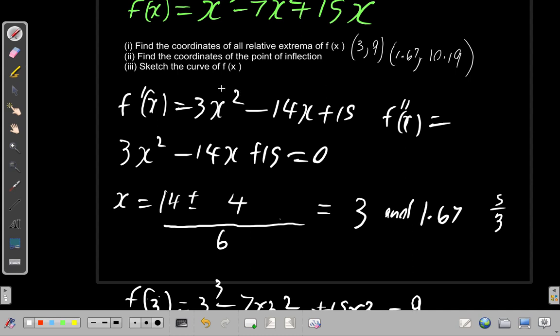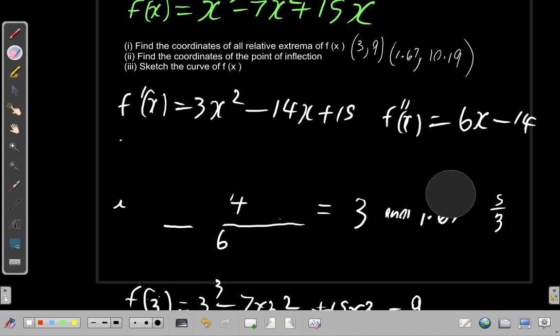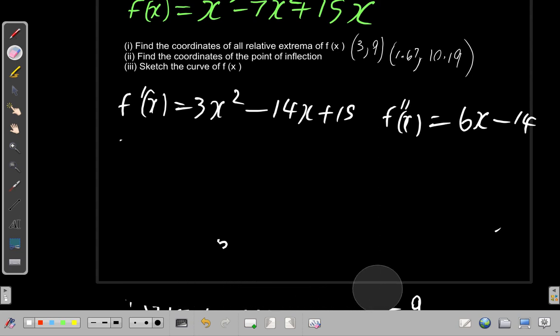It is going to be 2 times 3, 6, so 6x, minus, when we differentiate 14x, we get 14. So we have 6x minus 14. I guess we can erase some of this now to make some space here.